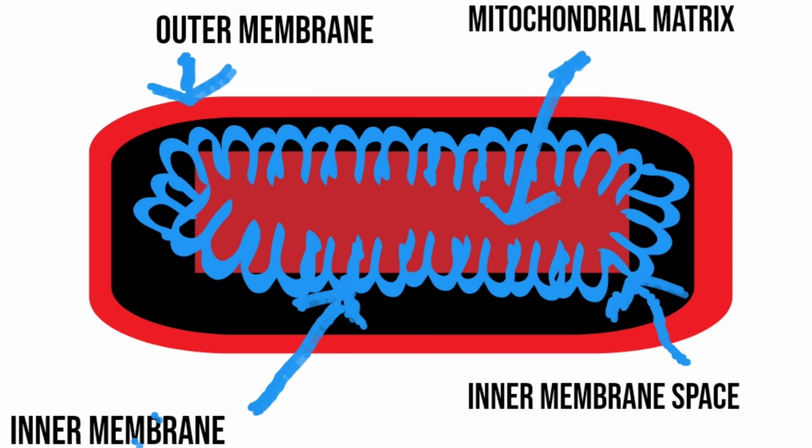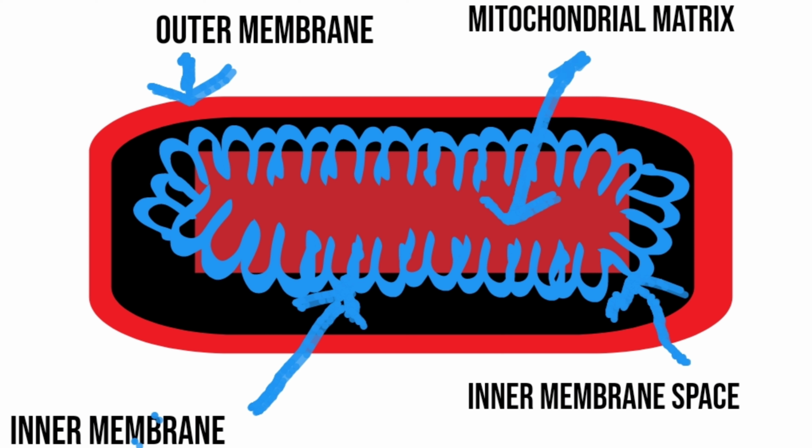So we have the outer membrane and we have the intermembrane space, then the cristae, which is the inner membrane, and the innermost portion of the mitochondria is called the mitochondrial matrix.